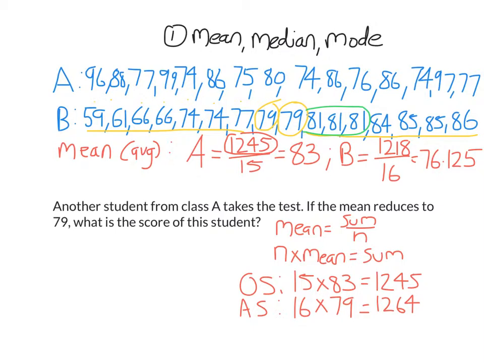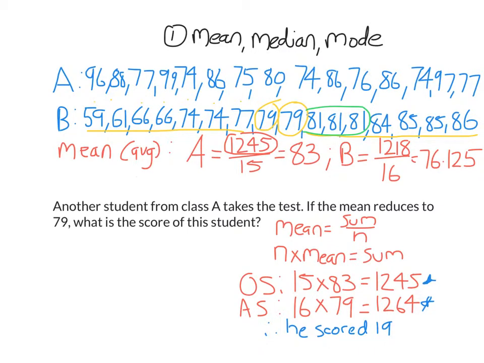So the sum of the scores before he took the test was 1245, afterwards was 1264, and therefore the student must have scored 19, because 1245 plus 19 is 1264. Okay, that's all there is.